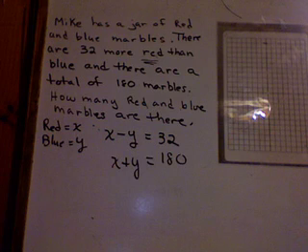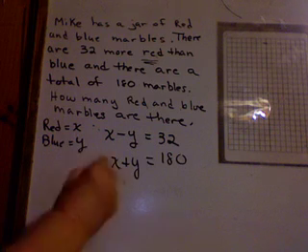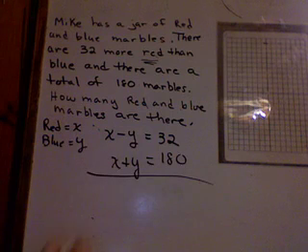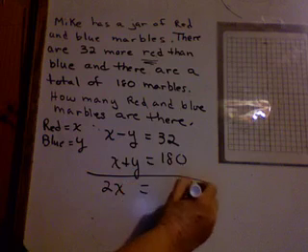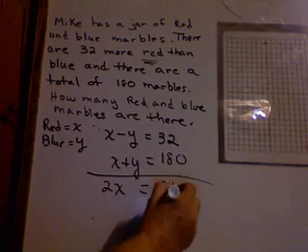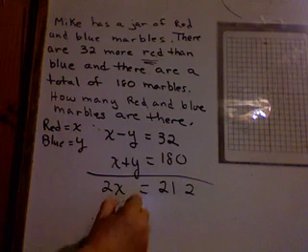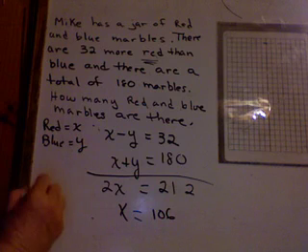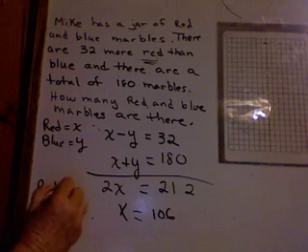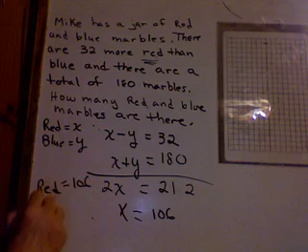I got a system to solve. Oh, this one's nice. Straight up addition. What happens? 2x equals 212. So x equals 106. So, how many red marbles are there? Red is 106. Blue, I'll let you figure that out.